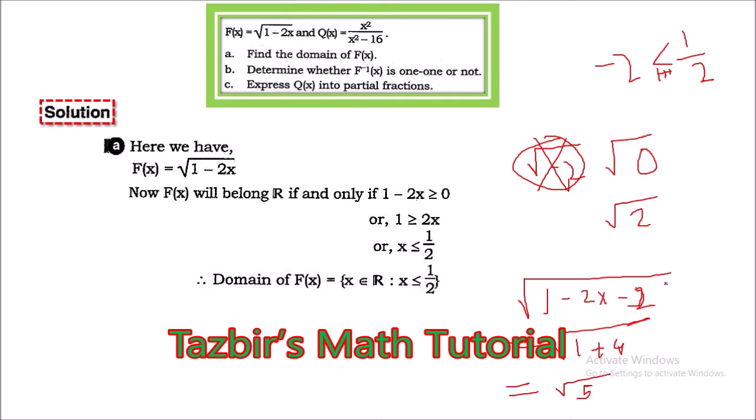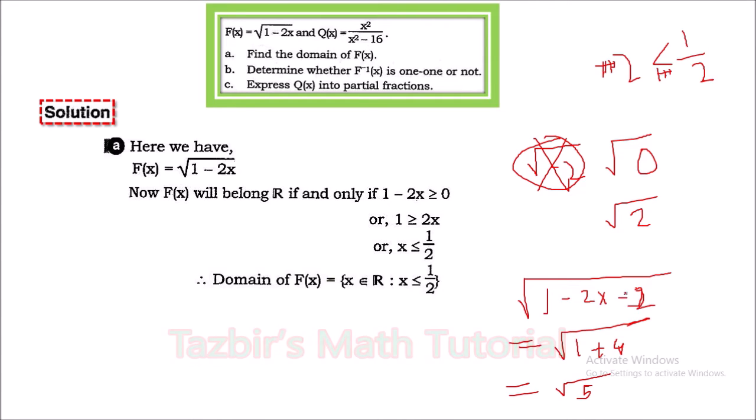But if you put a value greater than 1/2, think of positive 2, then it will be 1 minus 4, that is minus root over minus 3. Root over minus 3 cannot be found. So f(x) will be a real number if x is less than or equal to 1/2. Okay, so I think you understand.